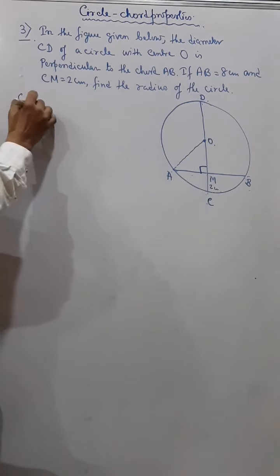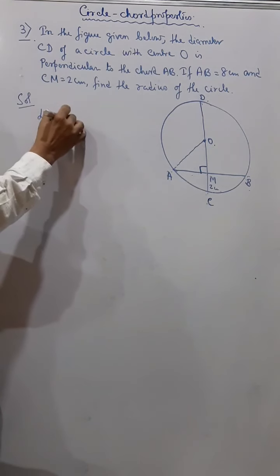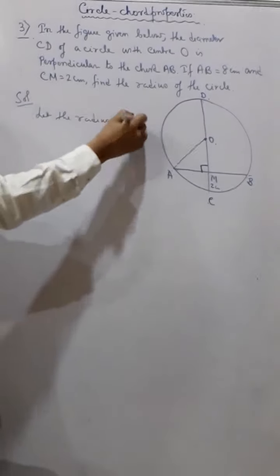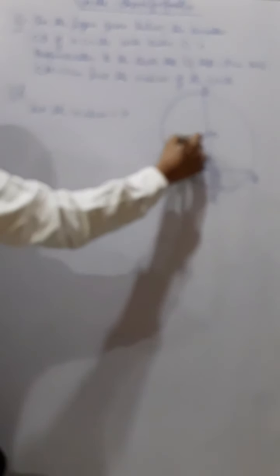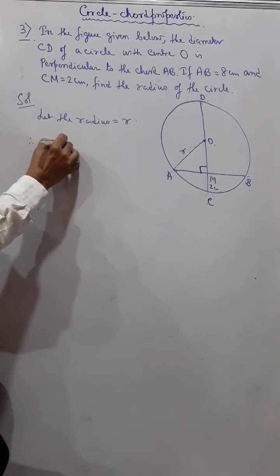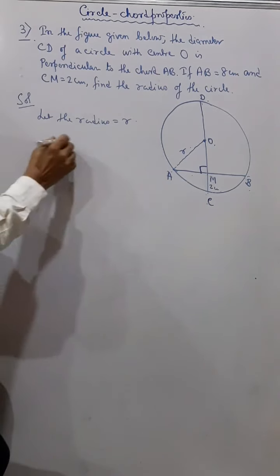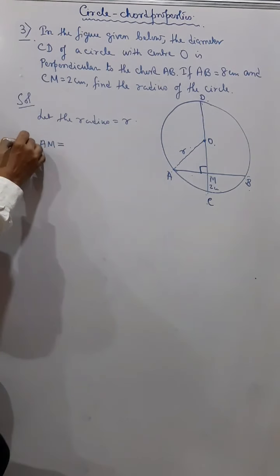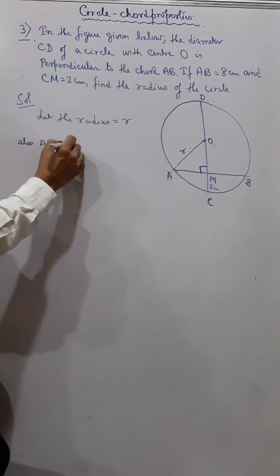Okay, so you can start. Let the radius be R, or X, we can say. Now we can say AM is equal to MB, which is 8 by 2, and that is 4 centimeter.